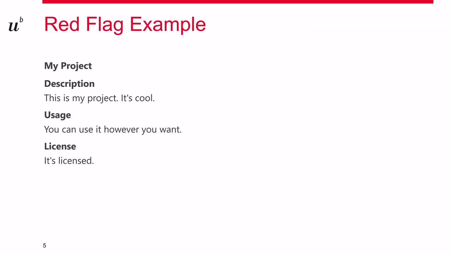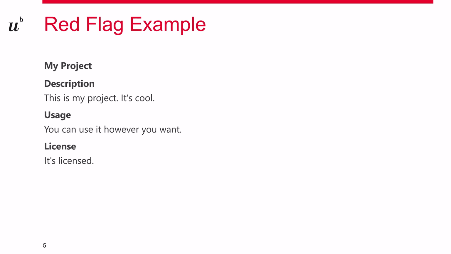The usage is also meaningless. I mean, what does that mean? You can use it however you want. Great instruction. And the license just says it's licensed, which, if I'm a user, I don't know in which way I can use it. Can I sue people? Can I sell the data? I don't know. The structure here is already quite nice. It has 3 essential points, but the content of these 3 points is completely useless.